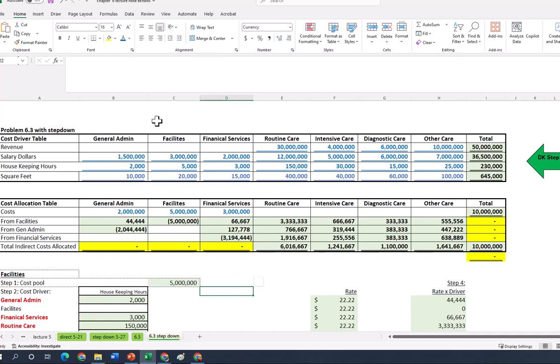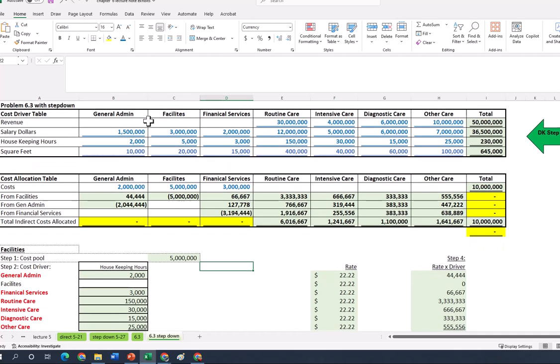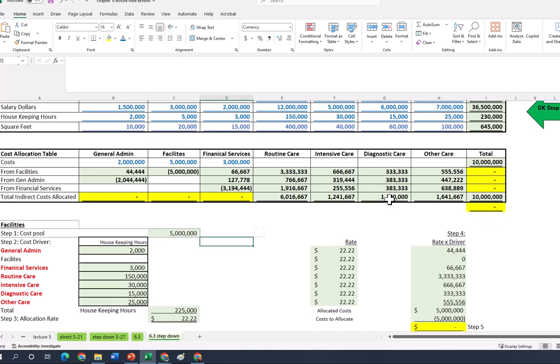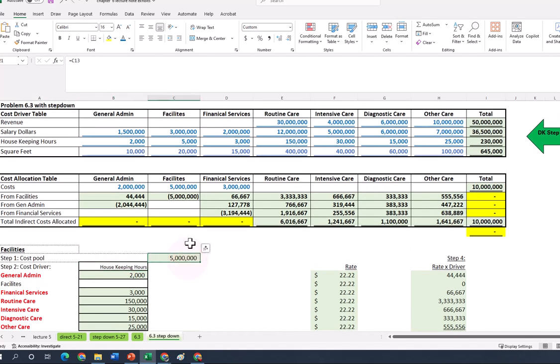So again, we do our need table. Should be the same basic data. Cost pool's the same. So we said facilities is going to be housekeeping hours. So we start with our same 5 million.